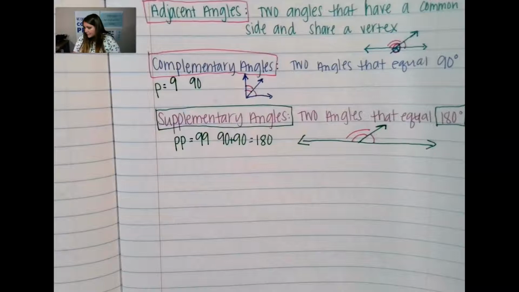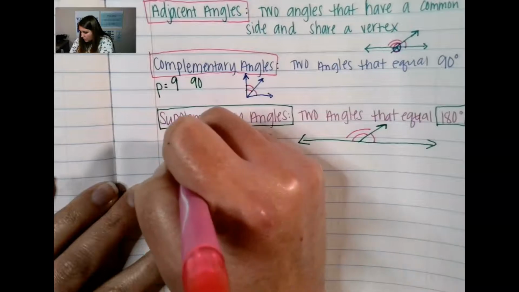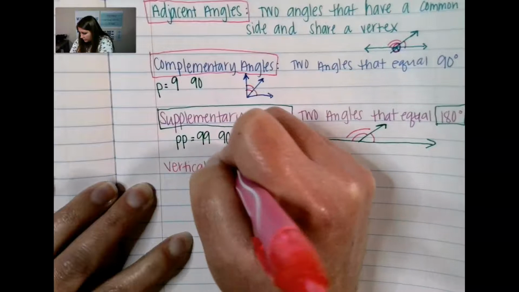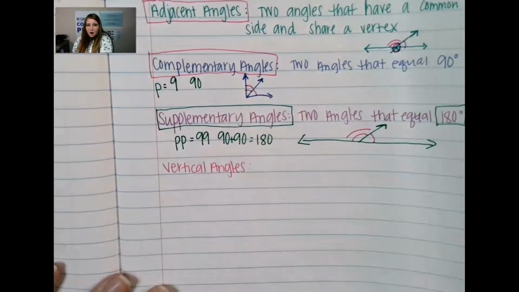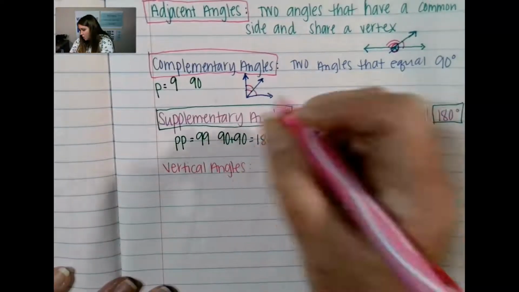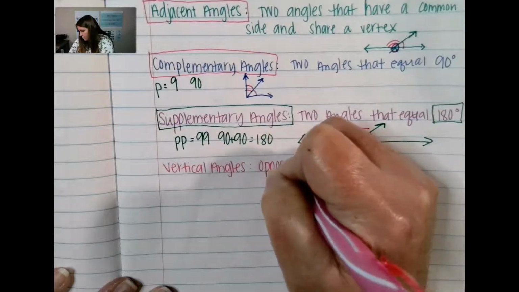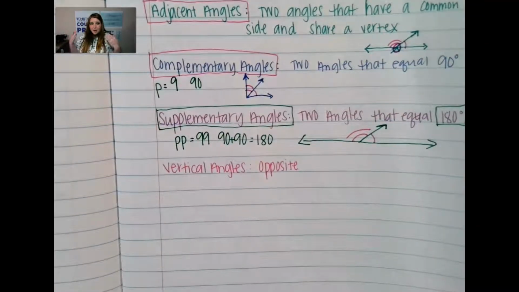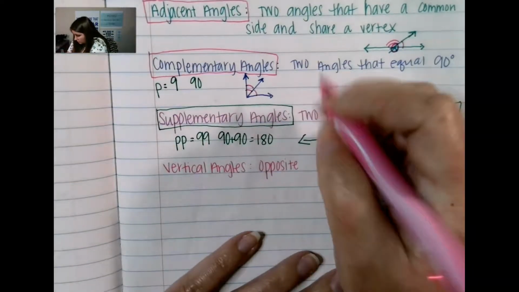And then the last type of angle that we have is called vertical angles. Vertical angles are opposite angles formed by two intersecting lines.